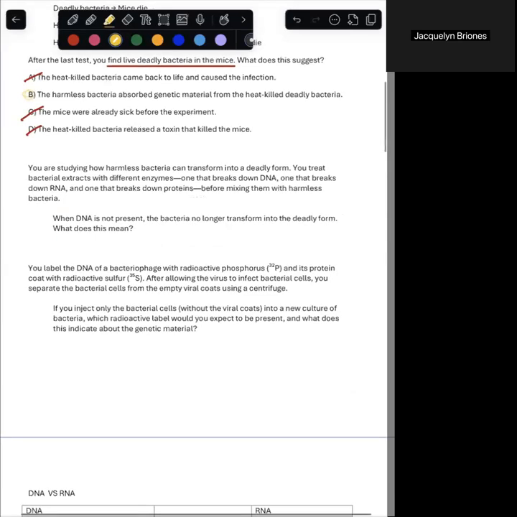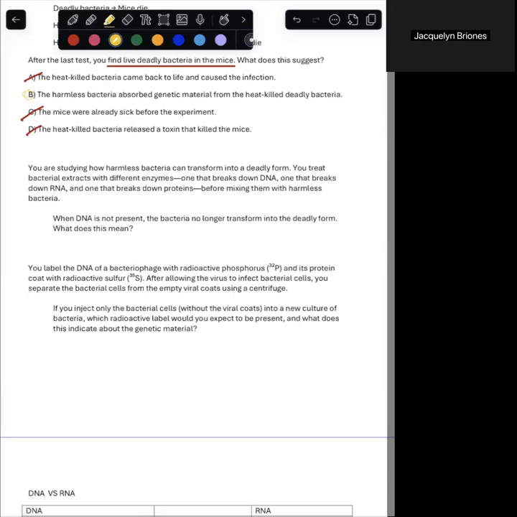So next, you are studying how harmless bacteria can transform into a deadly form. You treat bacterial extracts with different enzymes: one breaks down DNA, one breaks down RNA, one breaks down proteins, before mixing them with the harmless bacteria. This is piggybacking off the first experiment, but now they're breaking down different components to see which component actually gives the bacteria the deadly form.